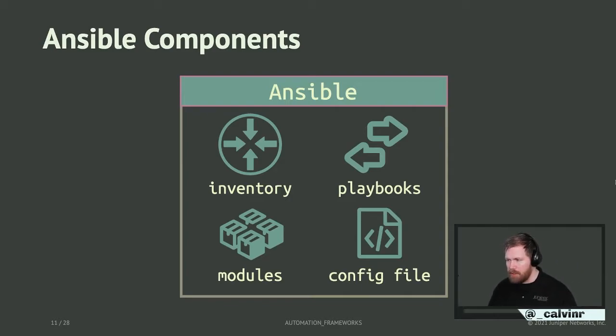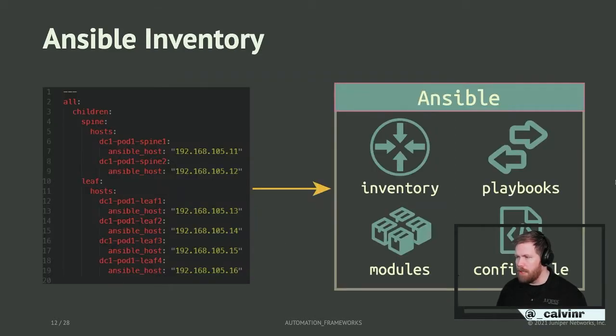The core components of Ansible, you've got an inventory file, which is the inventory that we had talked about previously, one of the value adds of these types of systems. You've got your modules, playbooks, and an Ansible config file, and we'll talk about these just in a second. So this would be what an inventory file would look like from Ansible's perspective.